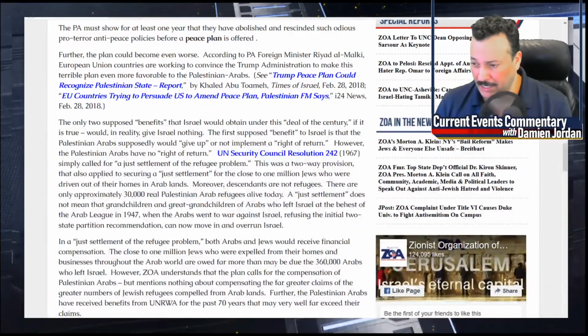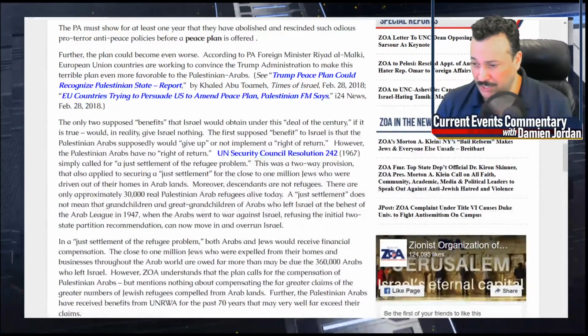Further, the plan could become even worse. According to PA Foreign Minister Riyad al-Malki, European Union countries are working to convince the Trump administration to make this terrible plan even more favorable to the Palestinian Arabs.